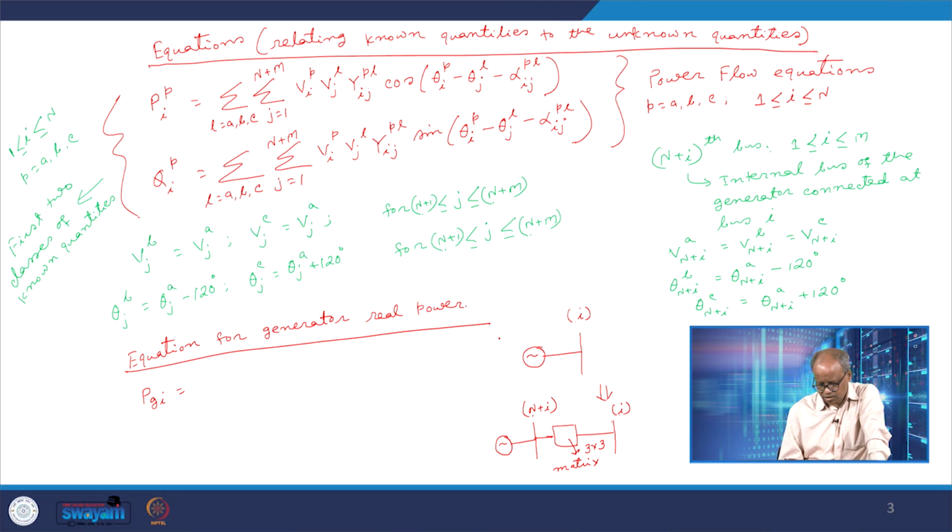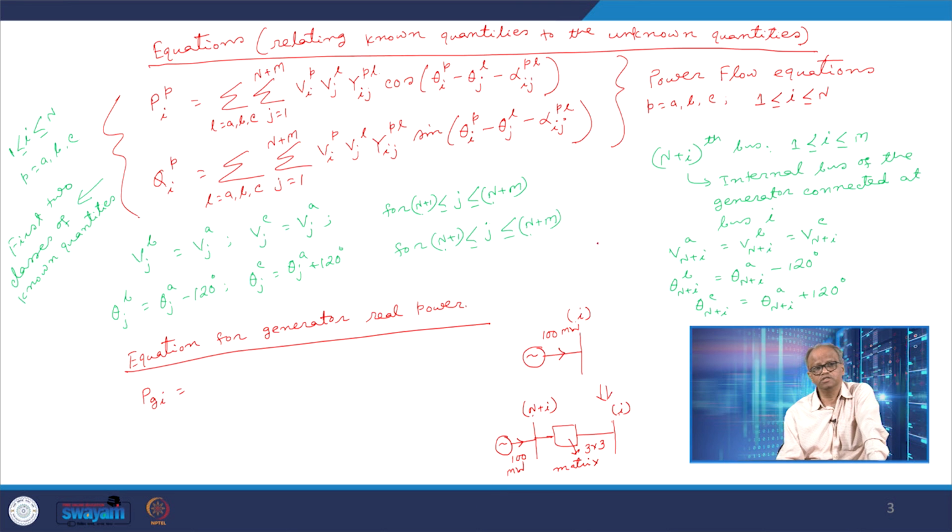For example, if I say that originally this generator is generating say 100 megawatt. Because we have now shifted this generator to this internal bus, we are saying that it is basically pushing 100 megawatt at this bus.